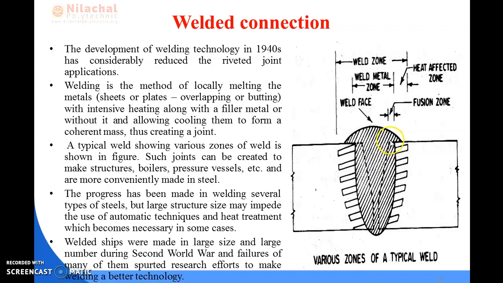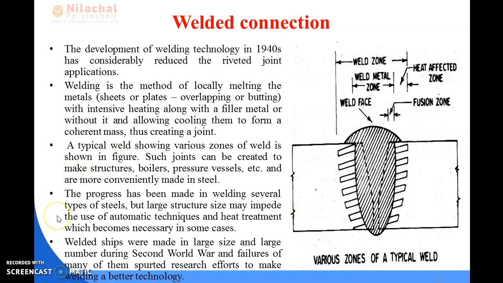And another thing, you can see this small portion, from the weld to the end of the weld, that means the side of the portion in which the weld is provided, or the merge of the weld to the plate section, is known as your fusion zone. Okay, so this is all about the various zones of a typical weld section.